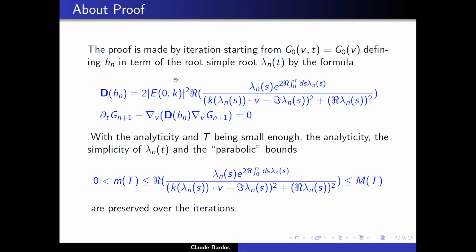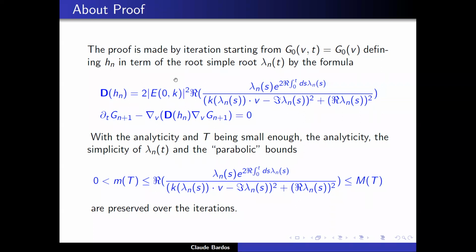And with that, as long as this is positive, I can solve this equation because there is a gradient with respect to v, a gradient with respect to v, and then I have a parabolic equation. And with the analyticity, solving that for short time, assume everything has to be analytic in this story.